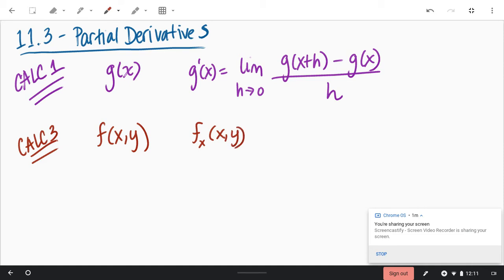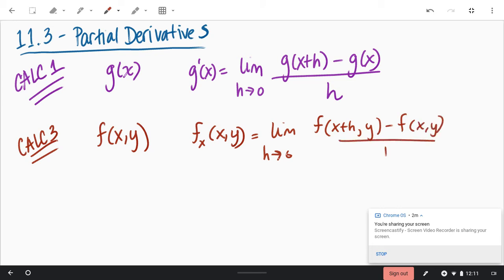And that's your limit as h goes to 0 of f of x plus h and y minus f of x y over h. Basically you treat the y as if it's a constant. So this is your partial derivative in x or with respect to x.